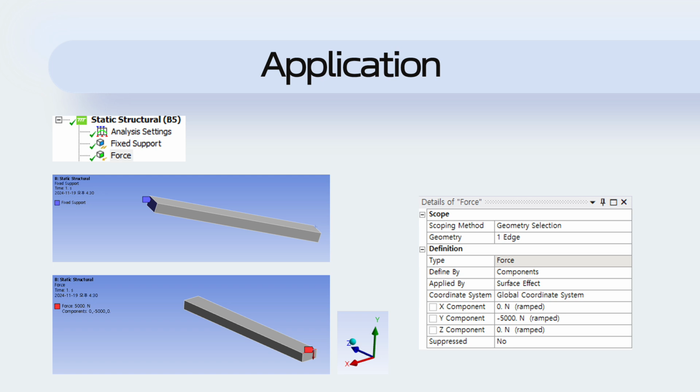In this case, I have applied a force load and a fixed support boundary condition. The force is applied in the x, y, and z directions with a magnitude of 5,000 Newtons in the downward direction.